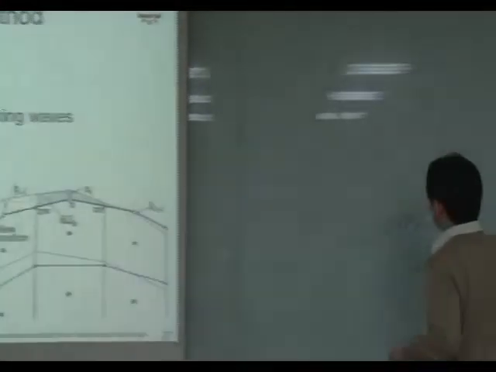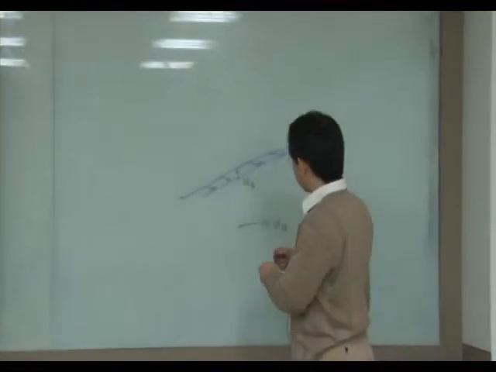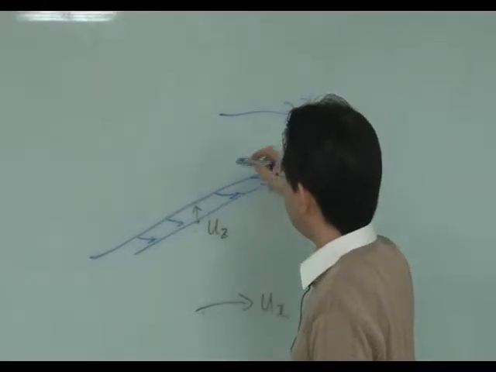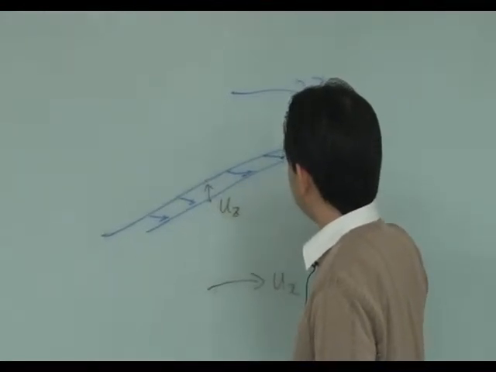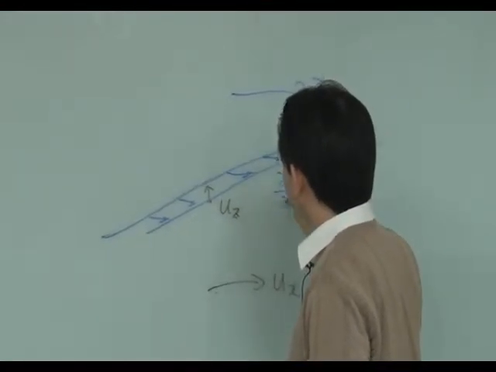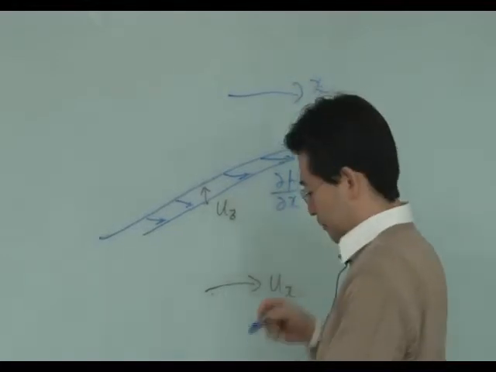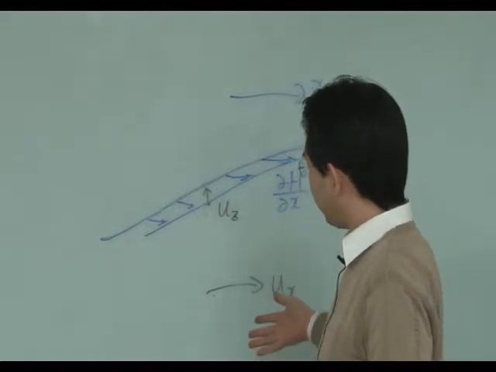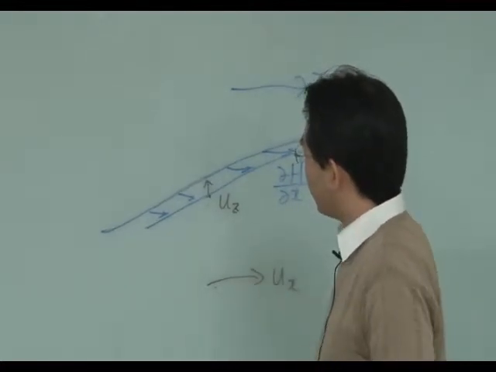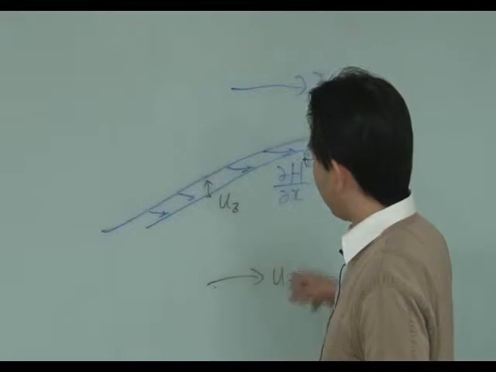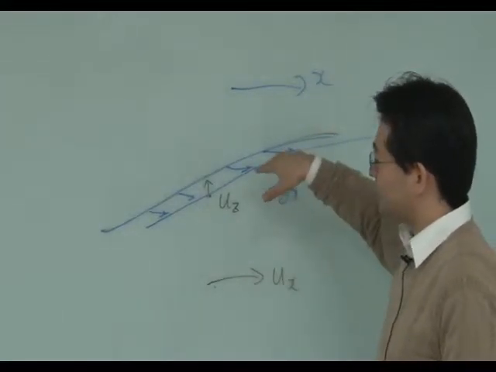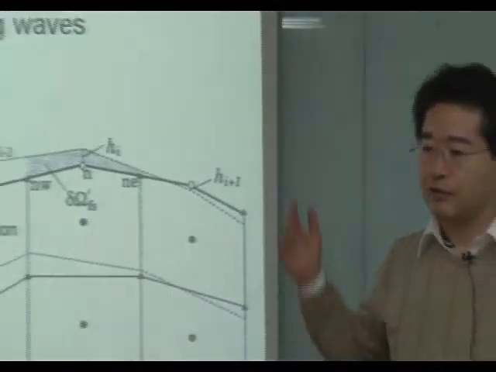So you can imagine, in this case, if the x axis is in this direction, ∂h/∂x is positive. If ∂h/∂x is positive and velocity is in this direction, the effect of ux and the slope of the free surface is leveling down the present free surface at this position.